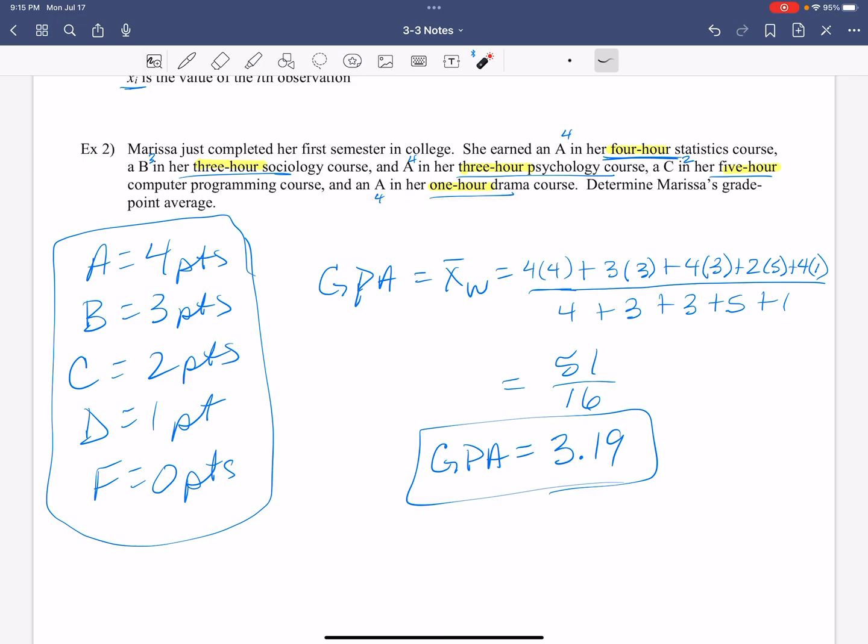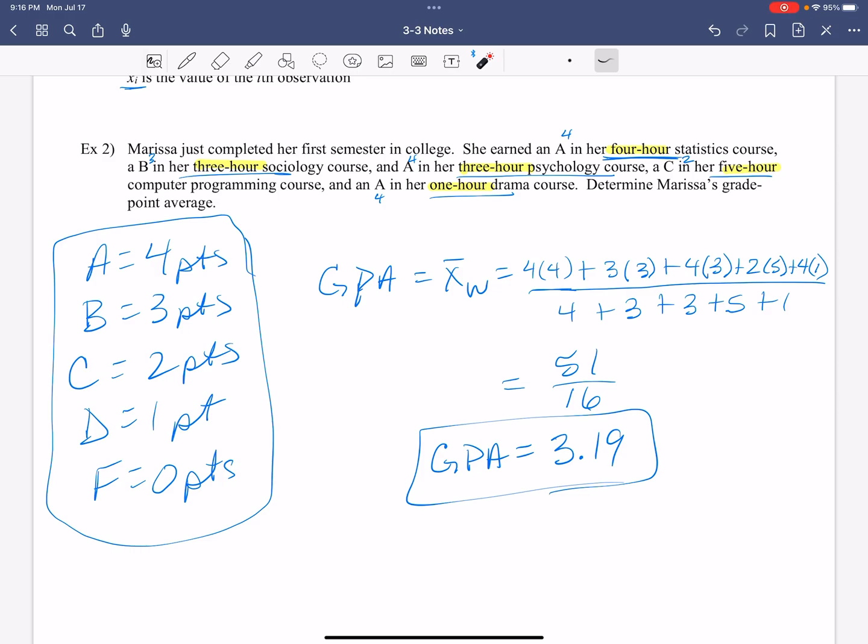Look at all these A's and B's. Why is she way down here at the bottom of the B range when she had all of those A's? Because the higher the credit of a class, whatever grade you get in there, that has more of a weight. That pulls it down more when you're looking at these 5 credit classes and the impact they make on your GPA. All right, good. Just wanted to point that out.